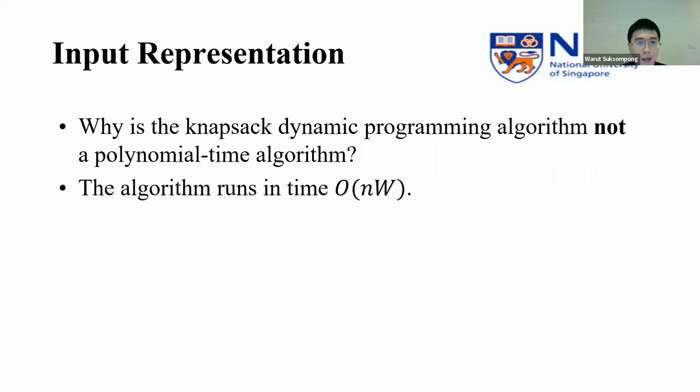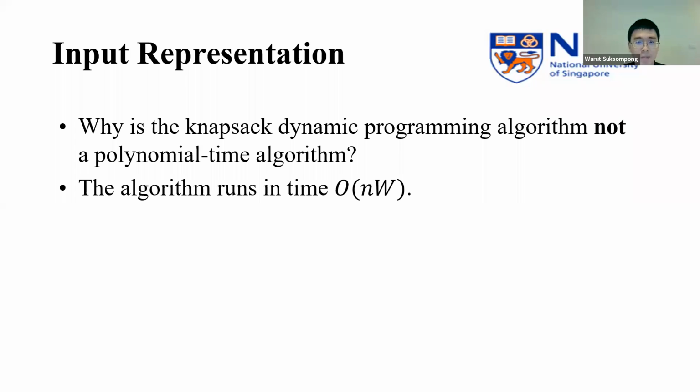Okay. And then the other hint I want to give for the final exam is this issue of input representation. We've talked about it quite a few times already, but I know that it can be confusing to some of you. So I want to make sure again that you understand why the knapsack dynamic programming algorithm is not a polynomial time algorithm.